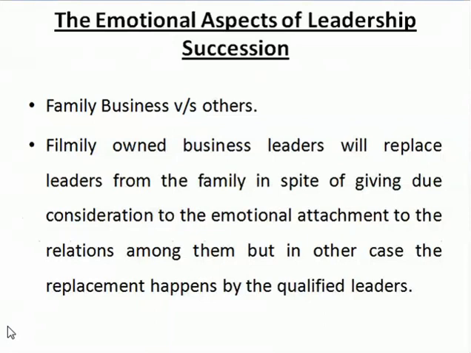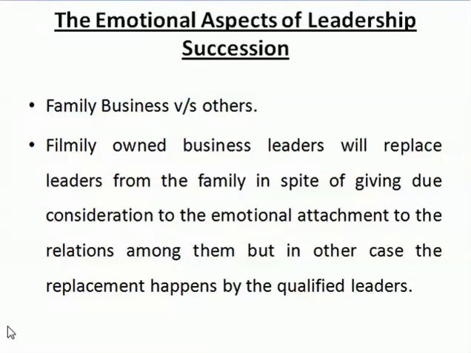Next comes the emotional aspect of succession leadership: family business versus others. Especially in family-owned businesses, the leaders are usually replaced by their own family, giving due consideration to the emotional attachment those people have among them.